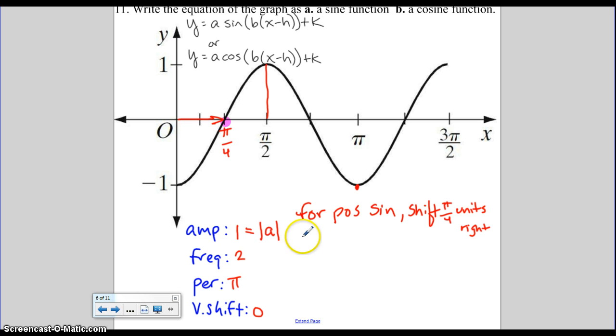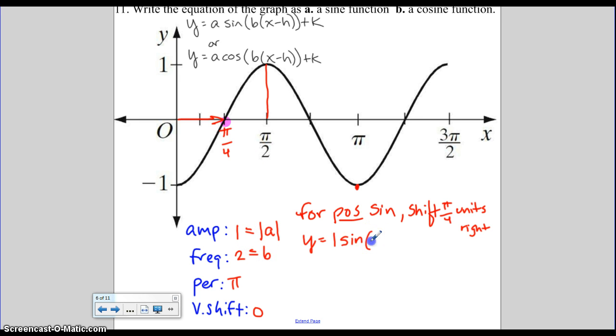So I'm going to write out this function. I'm going to say y equals. Now keep in mind, absolute value of a equals 1. That means a could have been negative 1 or positive 1. I want it to be positive sine. Let's make it a positive 1. You don't have to write the 1. 1 sine. Okay, now I go up here. I need the b value. Okay, frequency equals the b value.